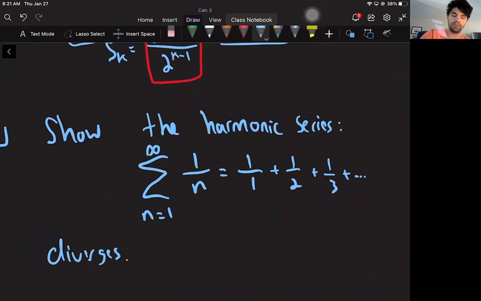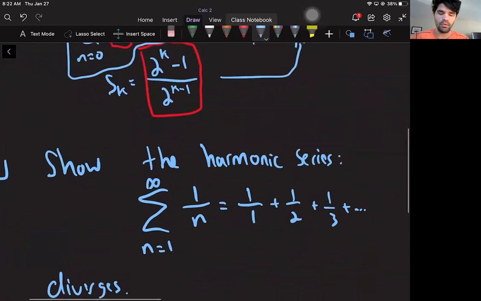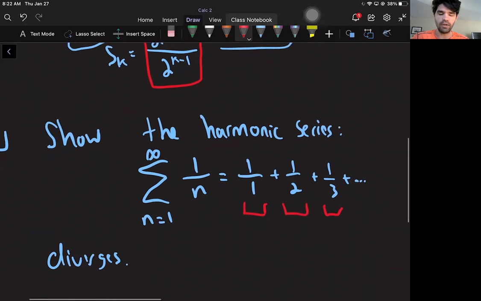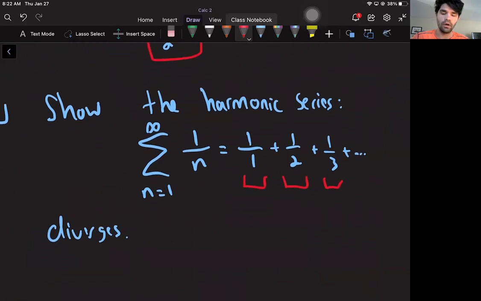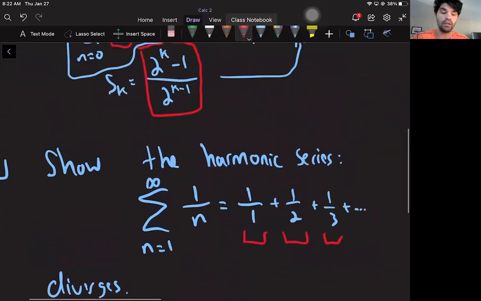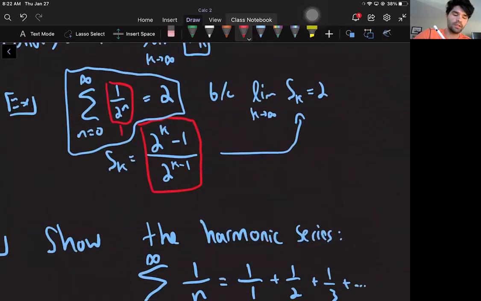So what's the difference? The difference is the terms that you add up really need to get very small very quickly. Otherwise, you're going to be adding up stuff that's too big and it's going to go to infinity. Here, these things get very small very quickly. And so that's basically why it adds up to 2.